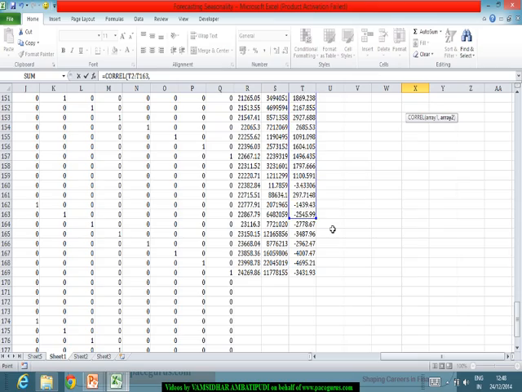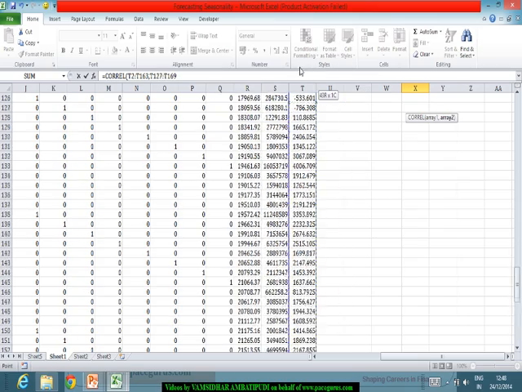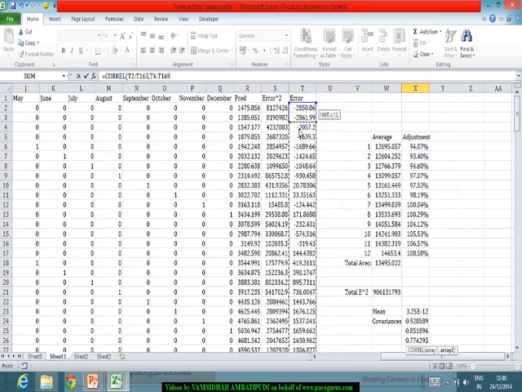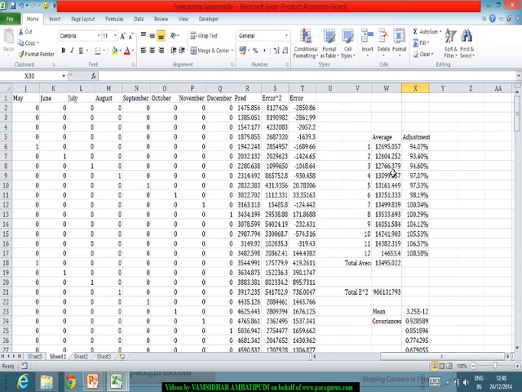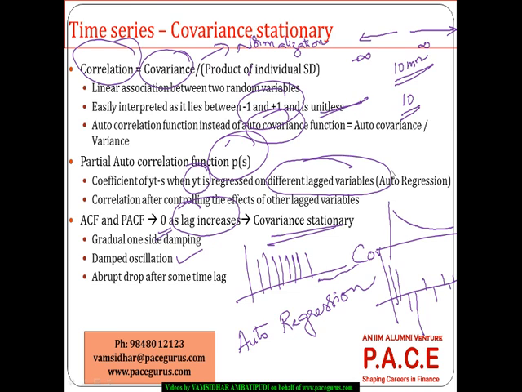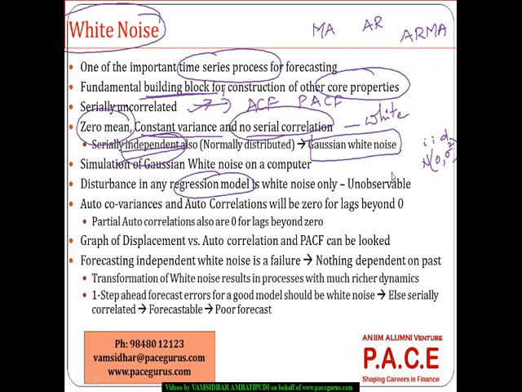Initially it was much higher, but it started falling off. It came to 0.45, slowly falling down and falling down to zero. So that is a clear indicator that this is more or less covariance stationary.